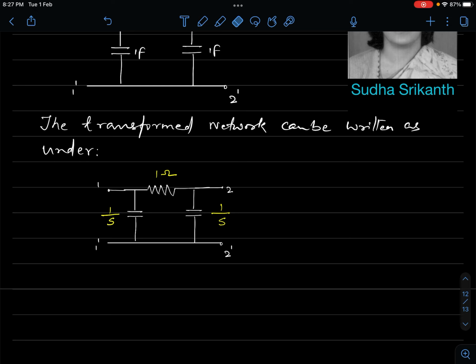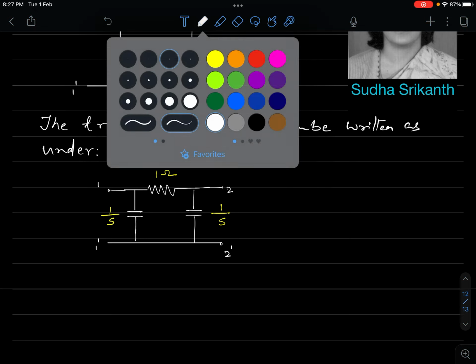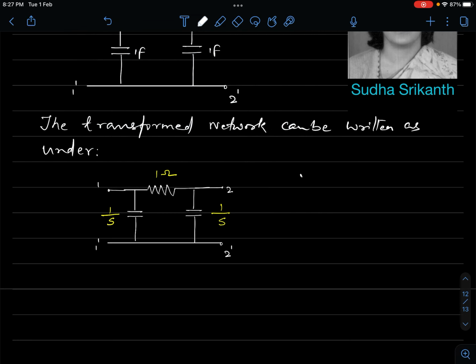What are the equations that we have for ABCD parameters? We'll try to recollect so that we don't make any mistake. So V1 equals A V2 minus B I2, and I1 equals C V2 minus D I2. V1 and I1 are the dependent variables.